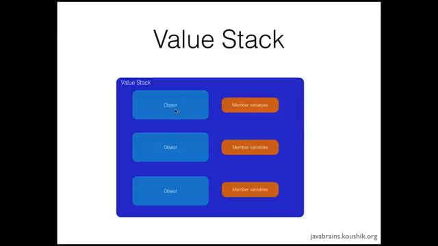Now let's say this object had a member variable called best tutorial website as a string. We would need some way of traversing this object graph in order to get that string. So we would have to say value stack dot get this object dot get best tutorial website string, right? That's the way you would reach the string data.